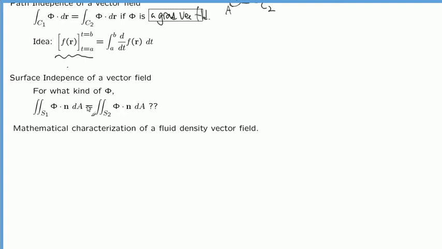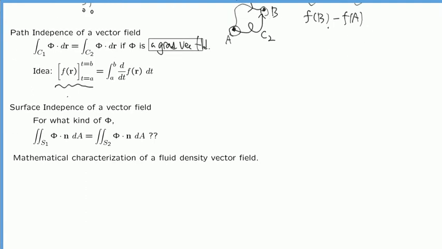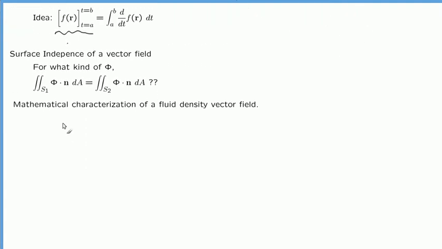So maybe there is a weird vector field out there, such that if you go through one surface and go through another surface, their flux is the same. Right? But it wasn't just random two curves. They share boundaries, right? Starts in the same place and ends at the same place. So what could be the analog of that? Two surfaces sharing the same boundary.